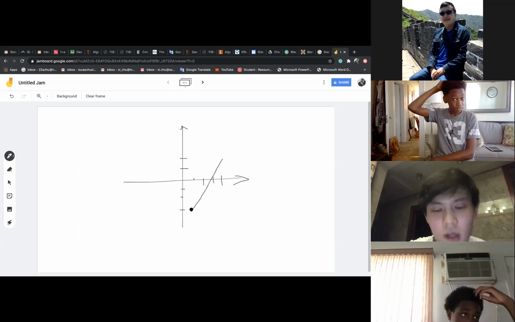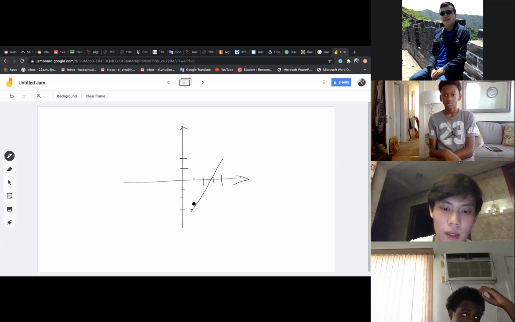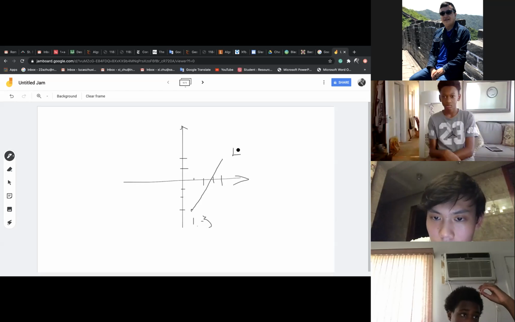So here's the graph, here's the line, on the coordinate plane. Now you know that this is 1 and -3, and this is 4 and 2.